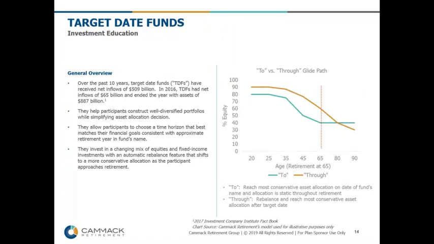So with the next slide, I'm going to talk about target date funds. These are the funds that we typically have as the qualified default investment alternative in your plan. You can set it up so that if there's a default, this is your default option.